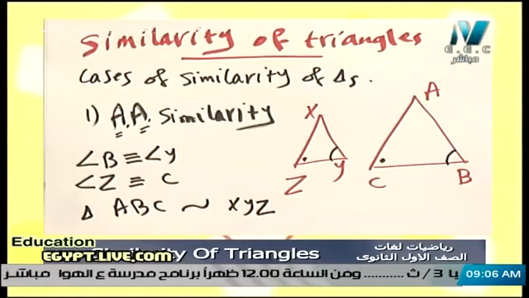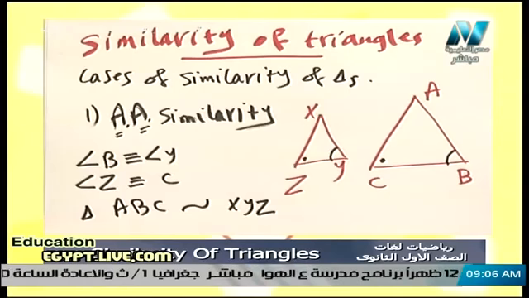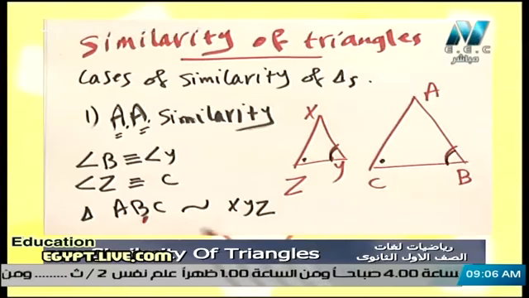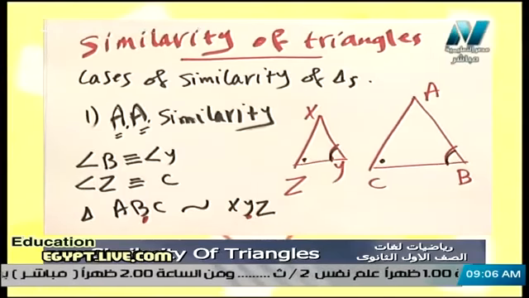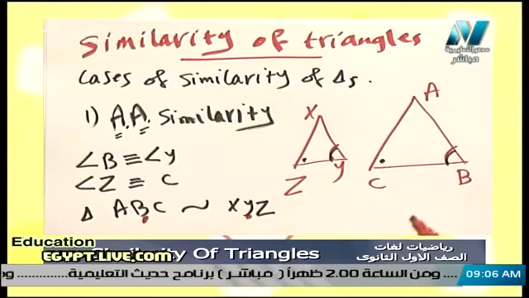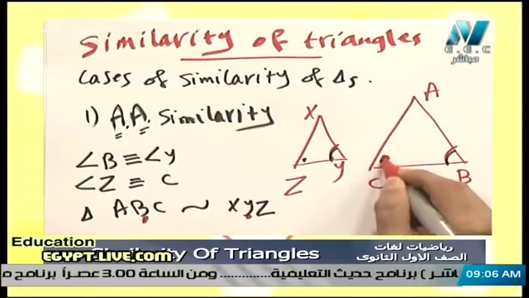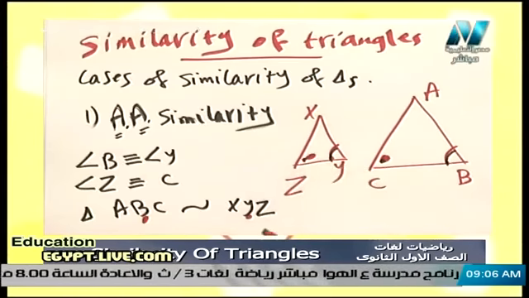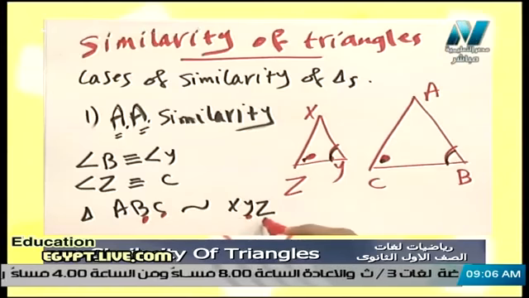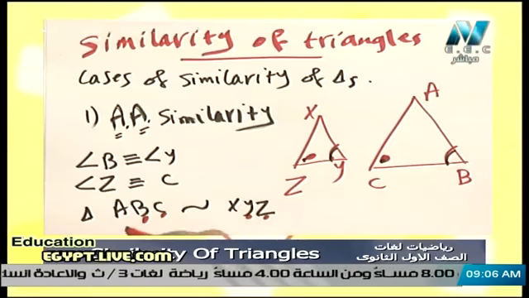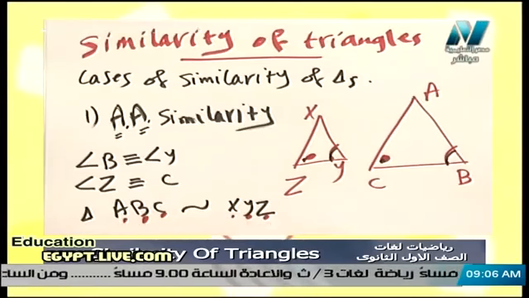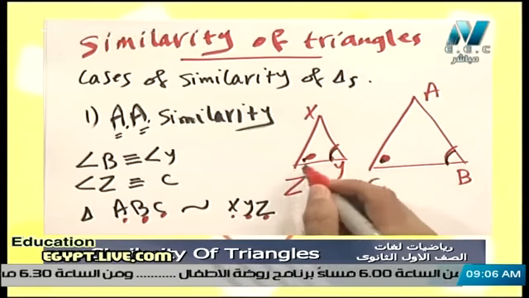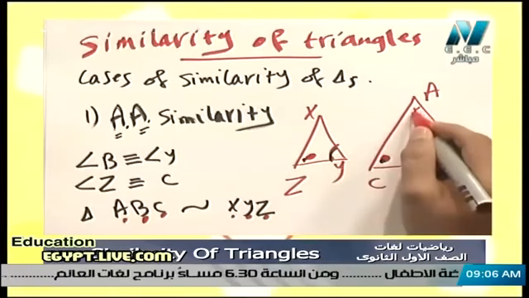And notice, my dear students, about the corresponding points. We know that measure angle B equals measure angle Y, so B here is the corresponding of Y. And we know that measure angle C equals measure angle Z, so C is the corresponding with Z, and of course A will be corresponding of X. And we know that if two angles of a triangle equal two angles of another triangle, then the third of course equals the third.